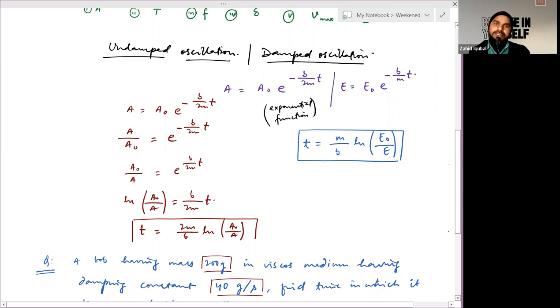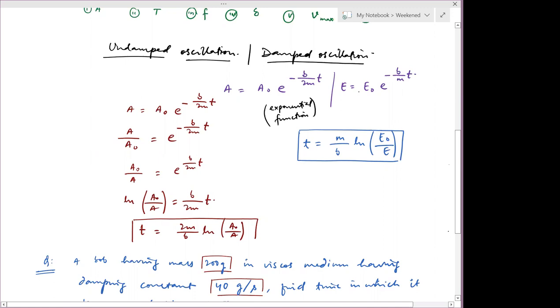If there is a viscous medium, it will tend to decrease the amplitude as well as the energy of that particular bob exponentially. So your amplitude will be A equals A naught e raised to the power minus B by 2m into t. And in the right hand side, I have just calculated the energy related to that part. Is it clear? Yes, sir.